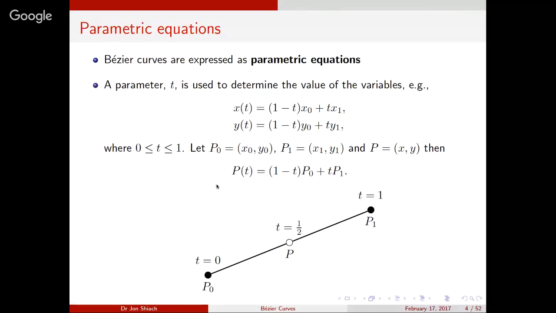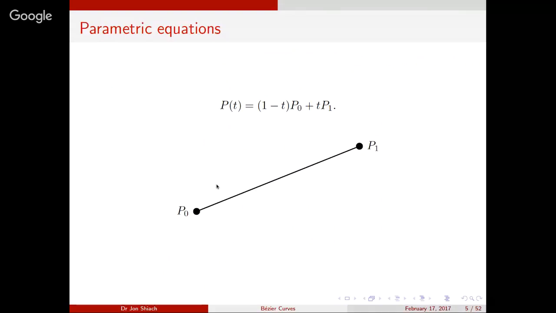So that's a parametric equation. If you've got a straight line, there's your parametric equation for the straight line joining points P0 and P1, and this value of t is somewhere in the range 0 to 1. So when t is 0, we have 1 minus 0, which gives us 1 times P0 plus 0 times P1. So essentially our point on our line when t is 0 is at P0.